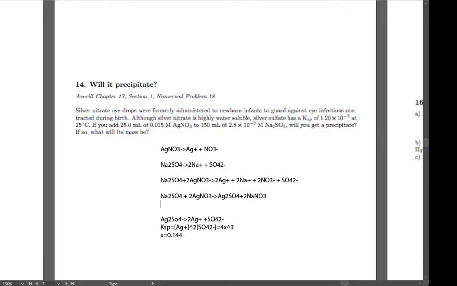Wait, but that's the amount of the thing that is dissolved. Oh yeah, it should be the one that was actually dissolved. But it doesn't talk about the one that would precipitate.